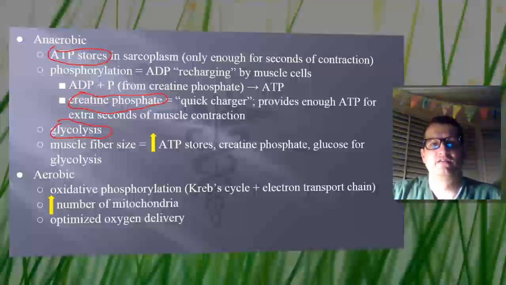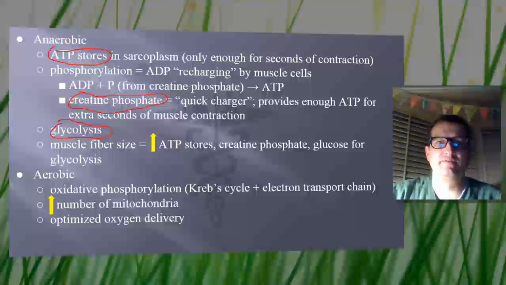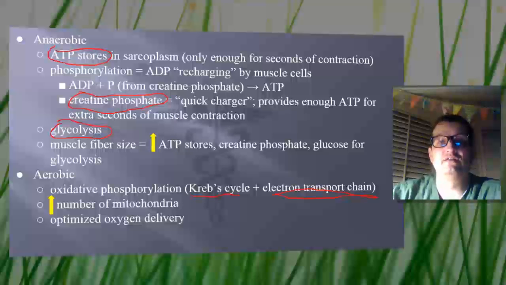Aerobic activity, on the other hand, the muscle cell wants to be packed full of mitochondria and maintain a relatively slim configuration to optimize weight to power ratio. It relies again on oxidative phosphorylation, which is the Krebs cycle and the electron transport chain that we talked about in the first unit. Increased numbers of mitochondria and optimized oxygen delivery, which means the cardiovascular system has to be functioning really well.